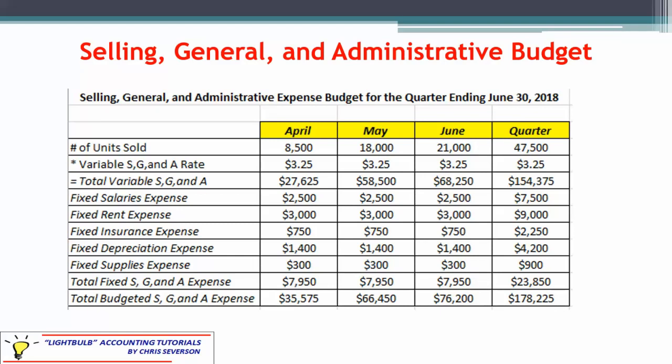Here we get a subtotal for all the fixed, and we get a grand total for all of our budgeted SG&A. As I mentioned also before, sometimes they'll have another line beneath it saying less non-cash depreciation expense equals budgeted SG&A cash outflow, something like that. We'll see why that's important when we get to the cash budget.